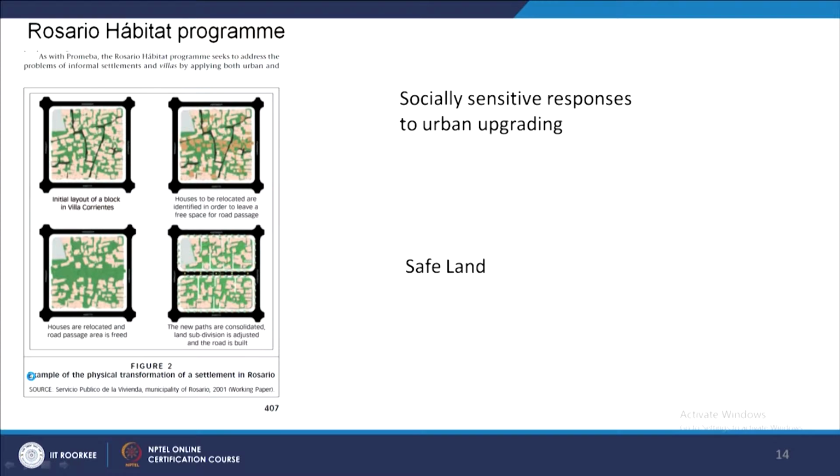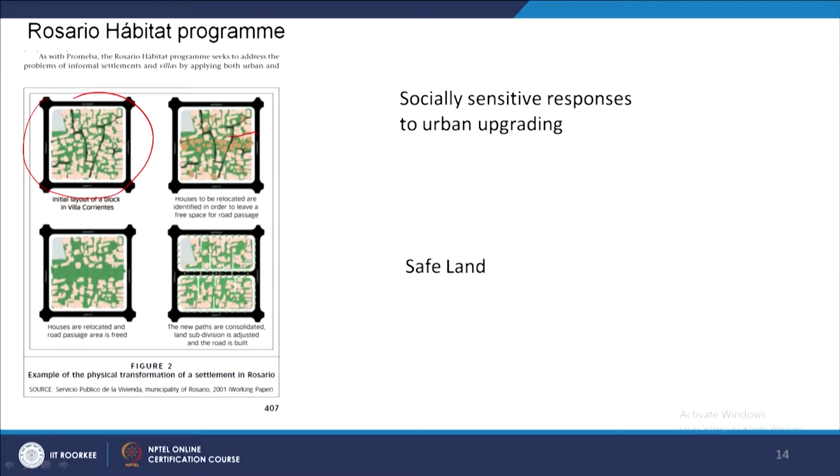Here, if you look at it, this is the initial layout of the Villa Corrientes, and almost 13% of the land in that particular region is completely informal settlements. If you want to make it formal, you have to make it a socially sensitive response, and you have to communicate to the people how it can benefit.